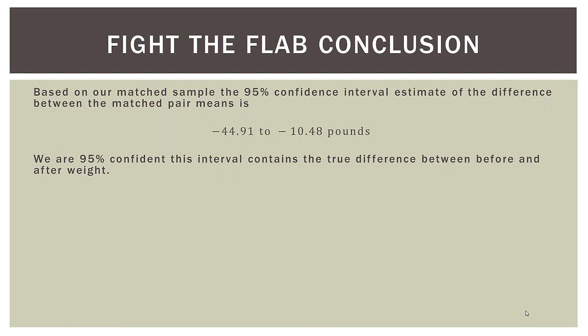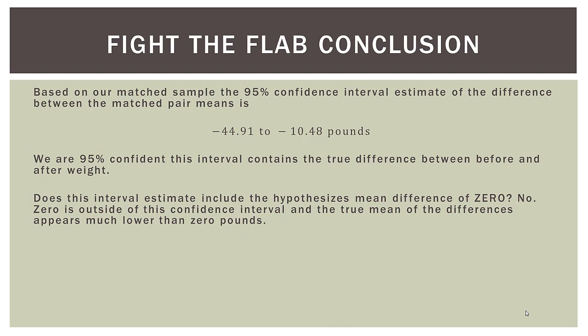So we are 95% confident this interval contains the true difference between the before and the after weight. Now, does this interval estimate include the hypothesized mean difference of 0? No, it doesn't. So 0 is outside of this confidence interval, and the true mean of the differences appears much lower than just 0 pounds. So again, that gives credence to why we rejected our null hypothesis.